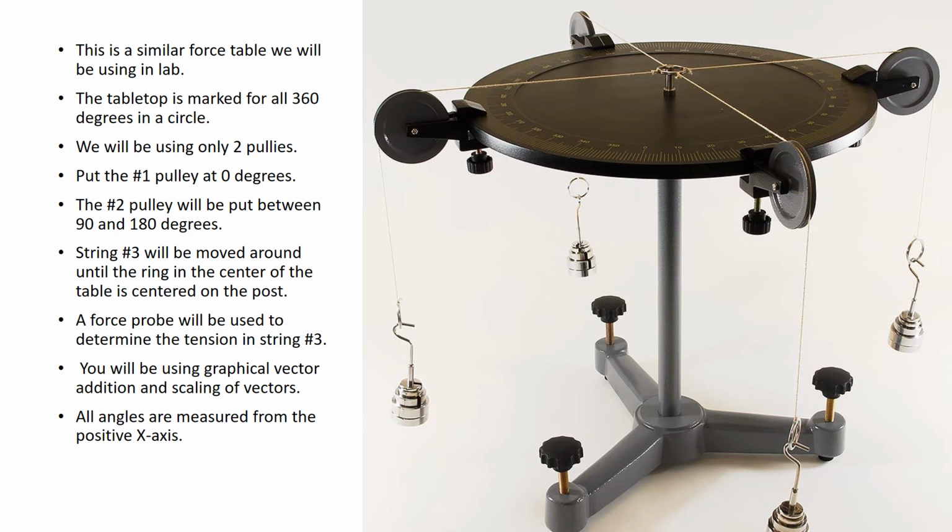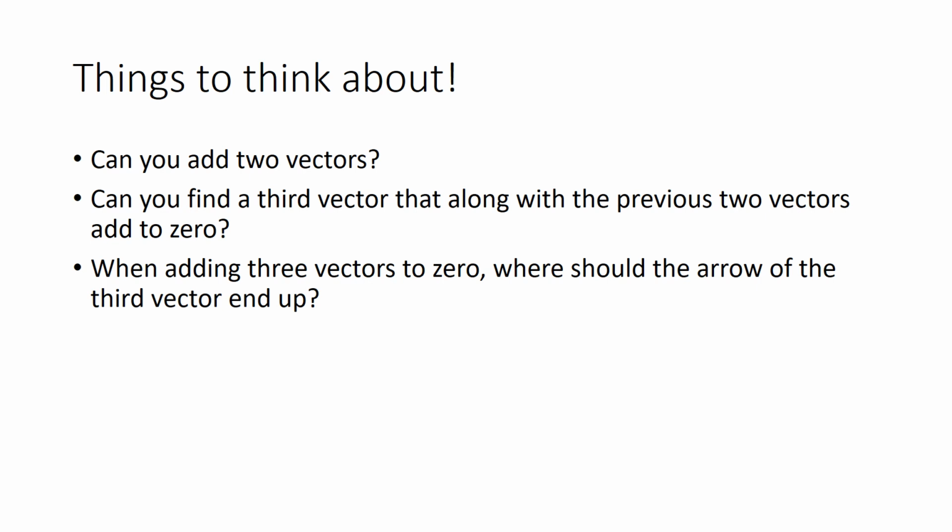And let's see, here are some things to think about. Can you add two vectors? Hopefully by now you can do that. We've done that enough times. Next, can you add a third vector along with the previous two vectors that will add up to 0? That is something very, very important that you should be able to do, especially by the end of this lab. When adding 3 vectors to 0, where should the arrow of the third vector end up?